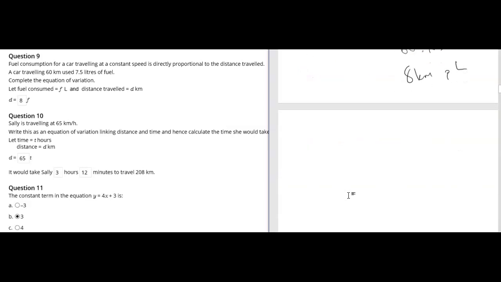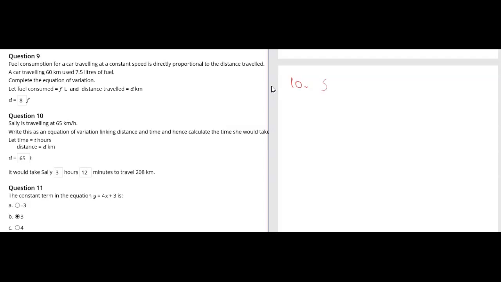All right, let's move on to question 10. So Sally is traveling at 65 kilometers per hour, so that's her speed. So we can write that down. Write this as an equation of variation linking distance and time, and hence calculate the time she would take.